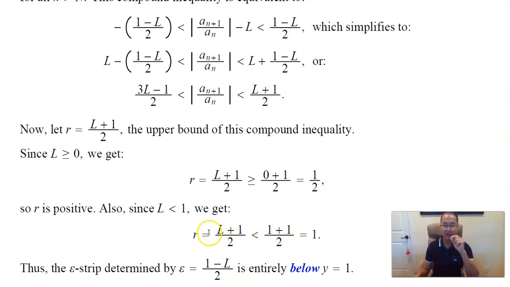Okay, so the R that we got, which we will use in a geometric series, is between 1/2 and 1. And so, two things. The epsilon strip that we get here is entirely below y equals 1, as I promised earlier. But also, the geometric series that we'll get using R to the n is going to be convergent.